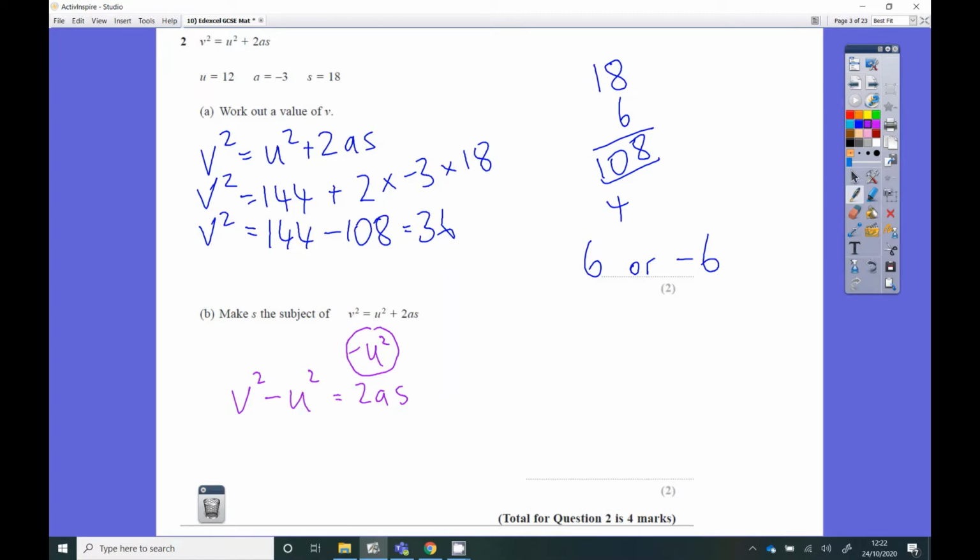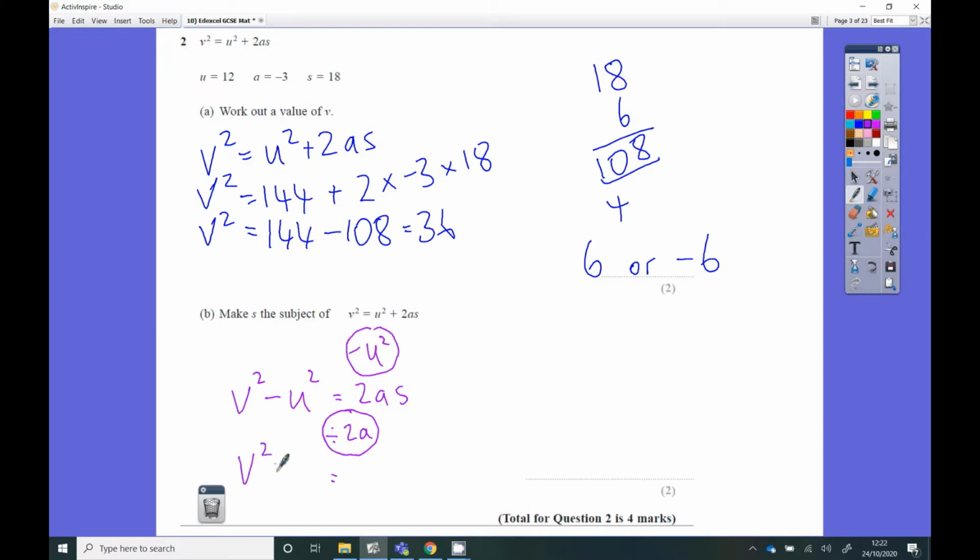Okay, so we've undone the u squared part. So we're nearly there. We've got to make s the subject. We need s on its own. Now the right hand side means 2 times a times s. So how do we undo that timesing by 2a? Well, we divide both sides by 2a. This will just leave us with s on its own. So to make it clear on the left hand side that all of v squared minus u squared is being divided by the 2a, turn it into a fraction.